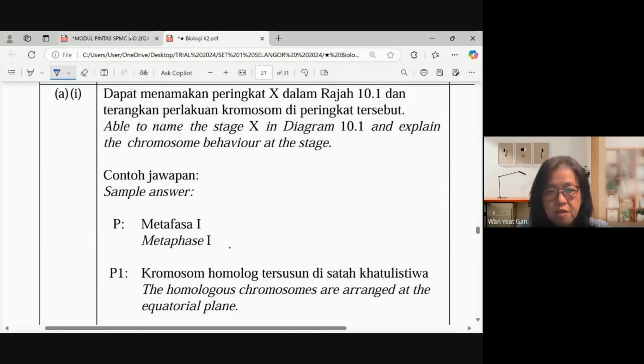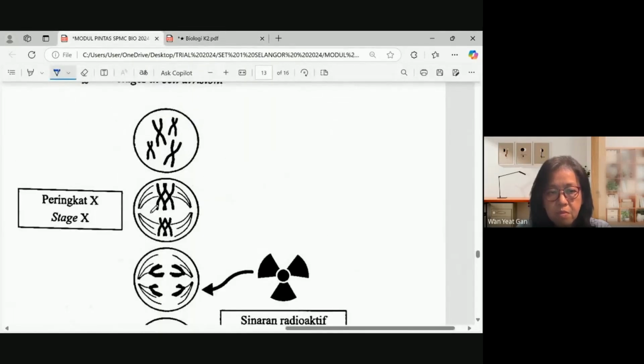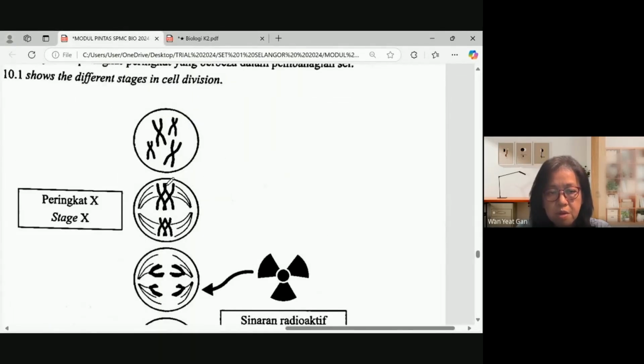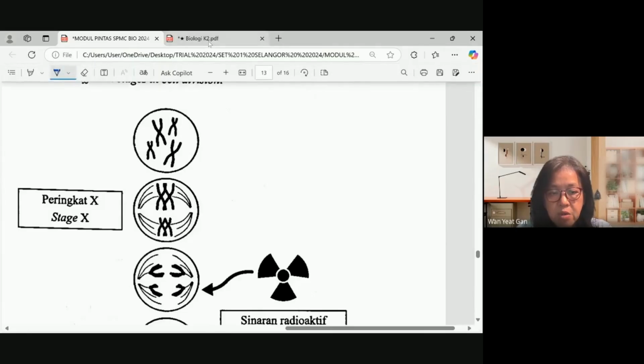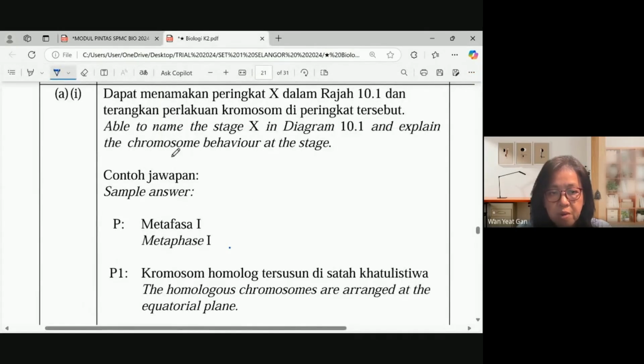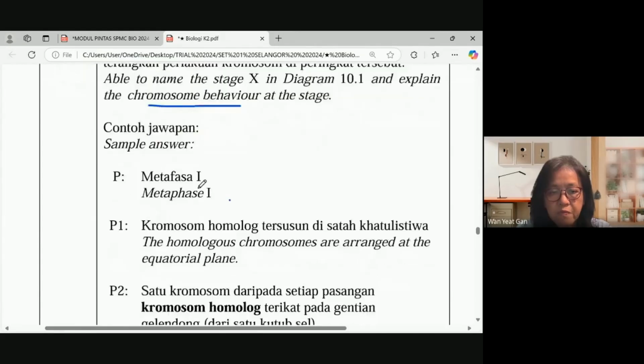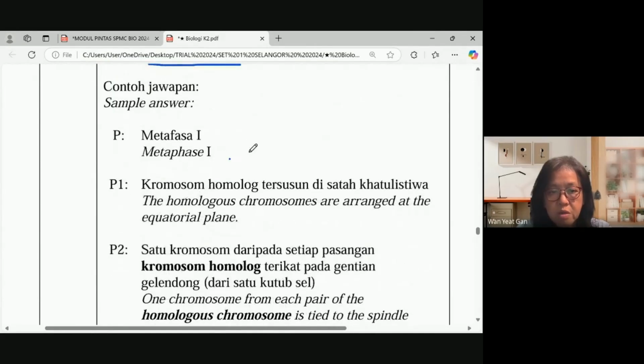So you can see the homologous chromosomes are aligned at the equatorial plane. They are lined up. Here they want you to explain chromosome behavior, so the focus is on the word chromosome. The homologous chromosomes are arranged at the equatorial plane.